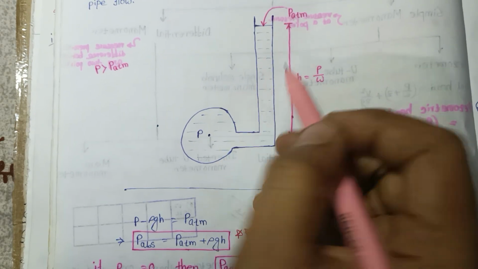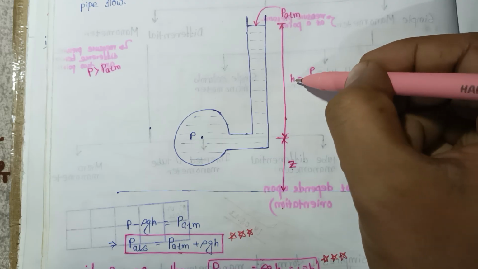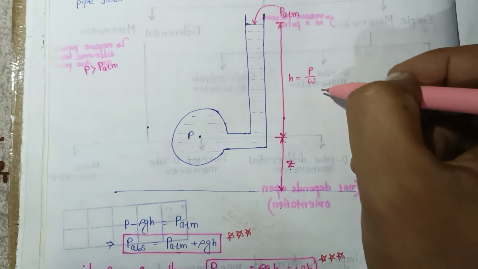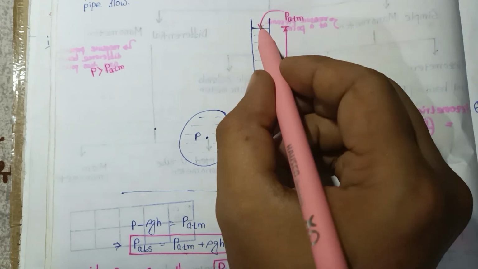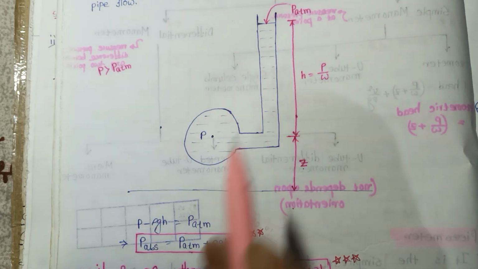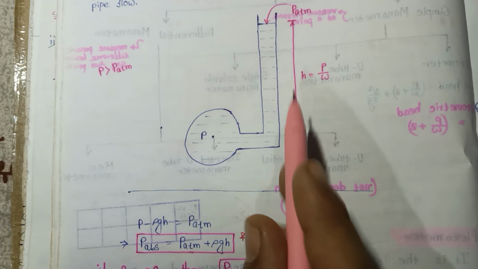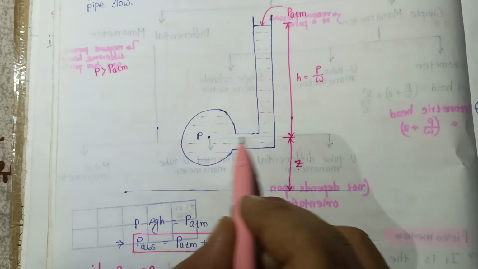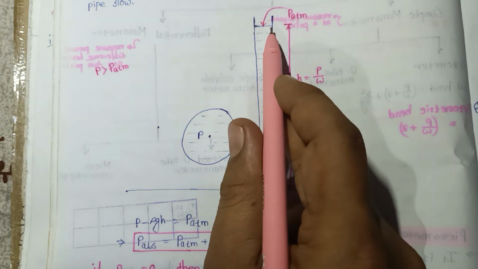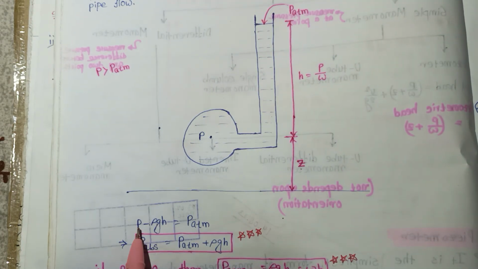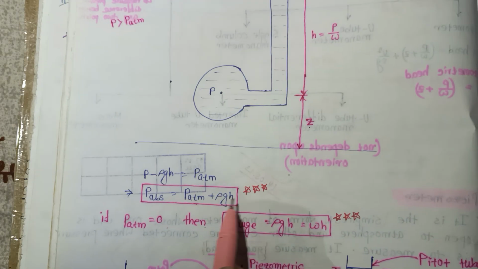So P is equal to h into omega, that is rho g. Here there is atmospheric pressure, so P minus rho gh, because upward direction is minus, is equal to P atmosphere. So from here, P equals P atmosphere plus rho gh.